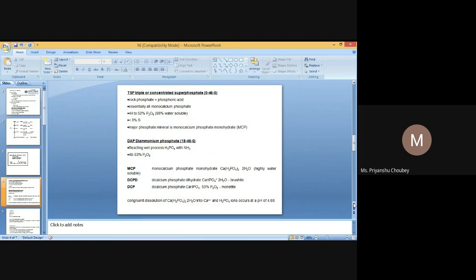Second one is the transitional and the combination horizon. Horizon dominated by the properties of one master horizon, but having the subordinate properties of another, such as AB, BA, is called the transitional horizon or a master horizon. It has characteristics of both.